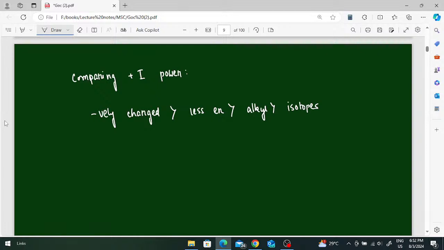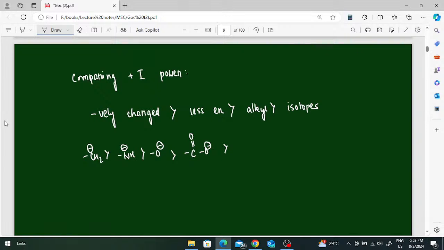So if we talk about the overall trend, CH2 negative wins over NH negative for electronegativity reasons, which wins over O negative. This wins over C double bond O negative.